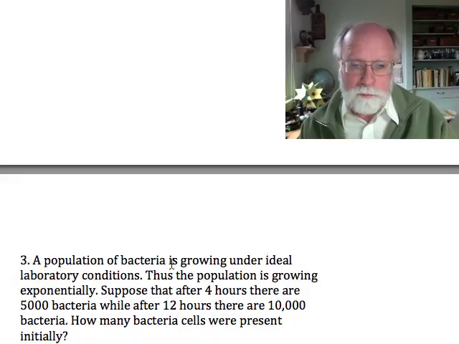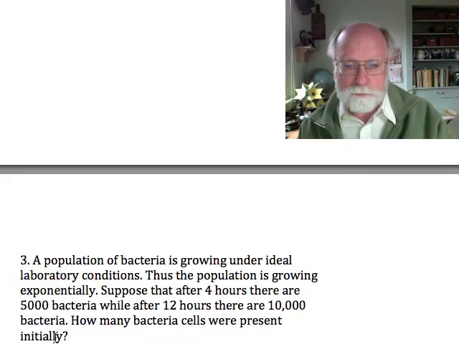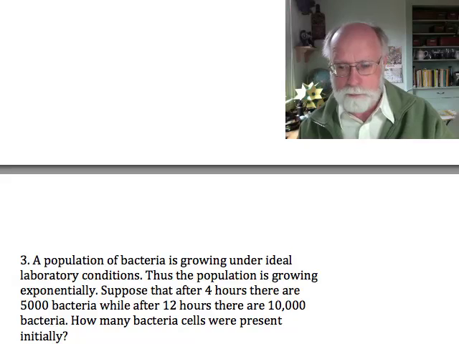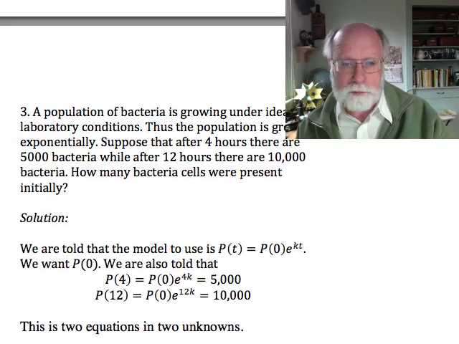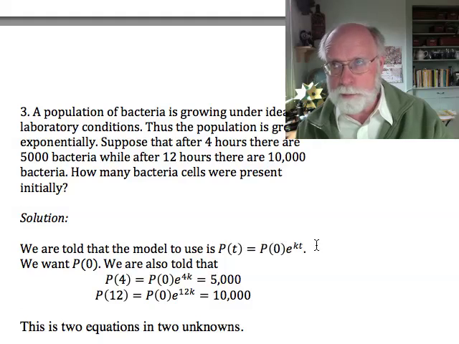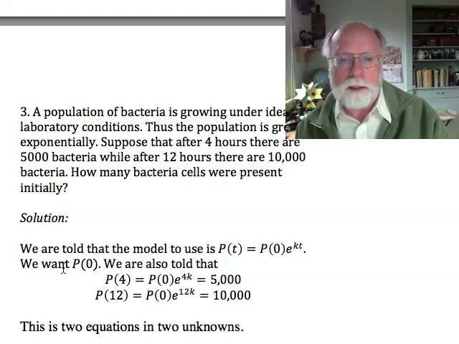So we're solving for P0, and we're given P of t at 2 different times. So let's write down that information. We're told that it's an exponential model. We want P of 0. P of 4 is P0 e to the 4k, and that's 5,000.